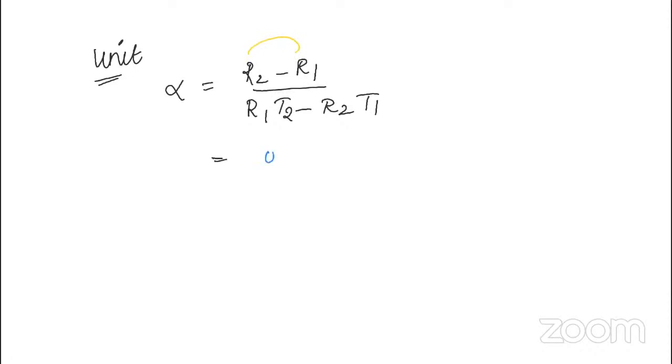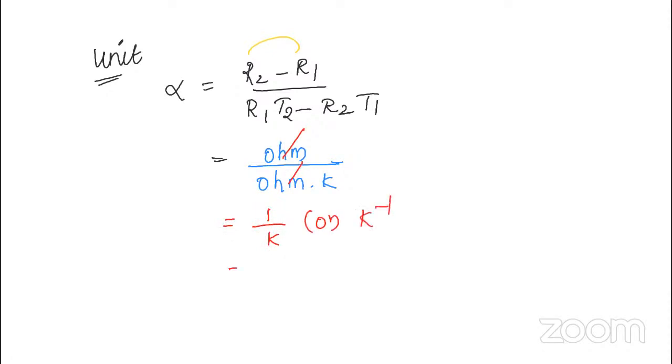It is ohm. And here the temperature difference and the resistance, so it is ohm. Temperature we write in Kelvin. So here the ohm cancels, and it is 1 by K or K inverse.